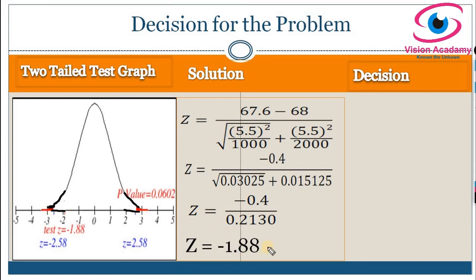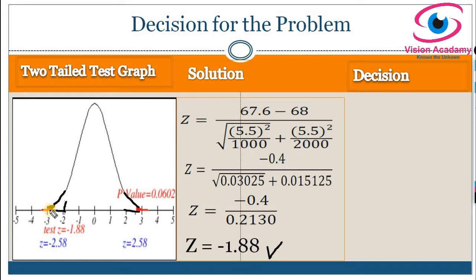Now we have to compare our test value with the critical region. Here the critical value is 2.58, whereas our test value is minus 1.88. Comparing this, our test value falls somewhere here at this red point.